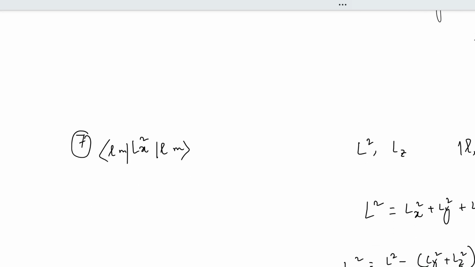So from here you get L squared minus Ly squared minus Lz squared. Now you can write it like half.